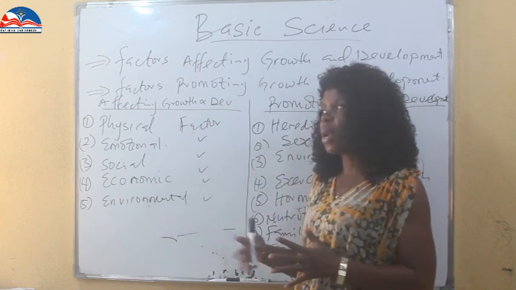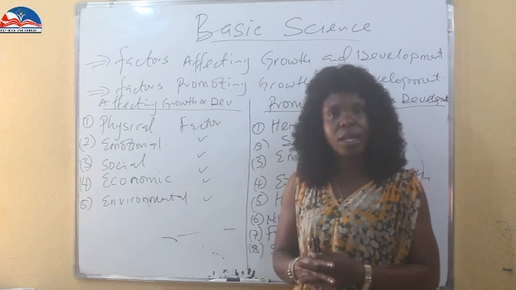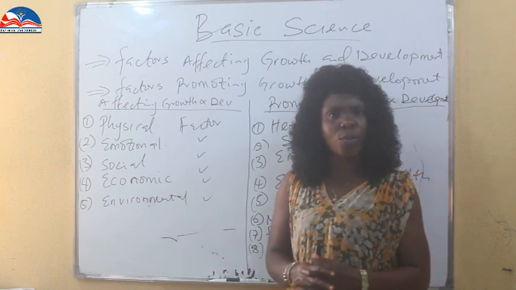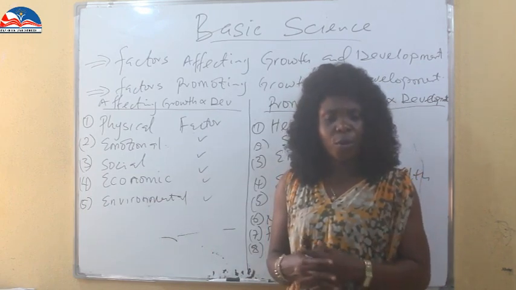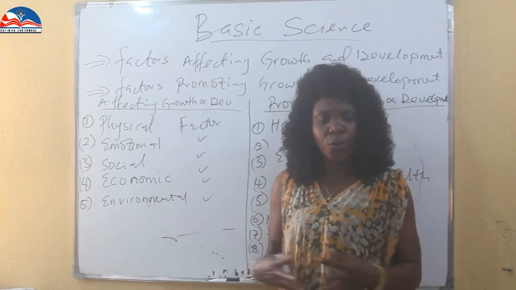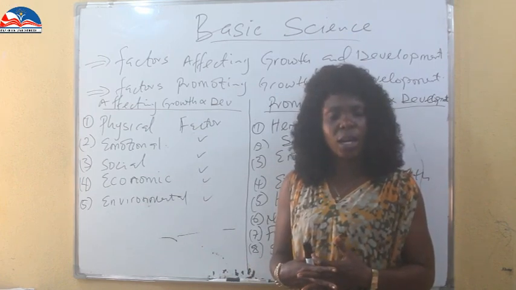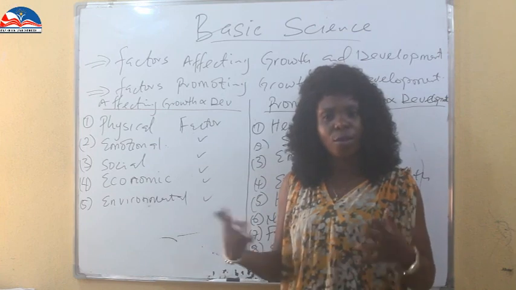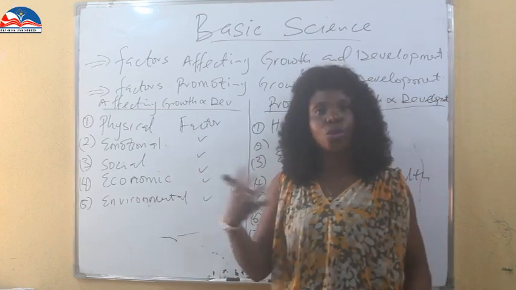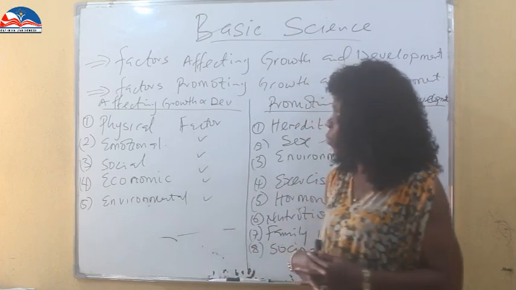There's going to be a problem along the line. Maybe as a result of hormonal abnormality, or because of some disease condition that the individual develops later on in life. The physical factor that affects human development has to do with the physical makeup, the physical build-up that the individual has developed from the time of conception till the child is born, until growth physically is evident. That's physical factor.